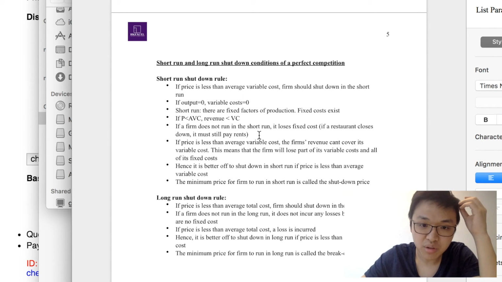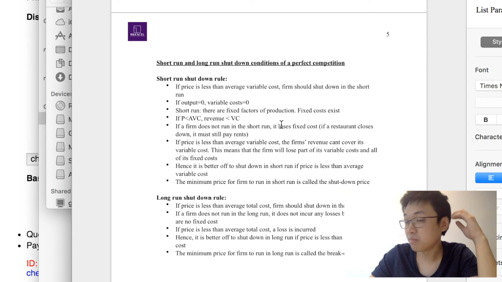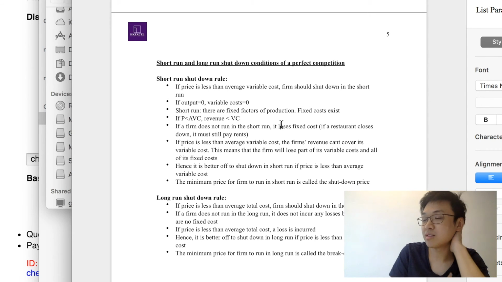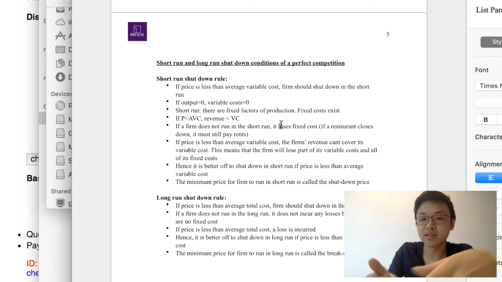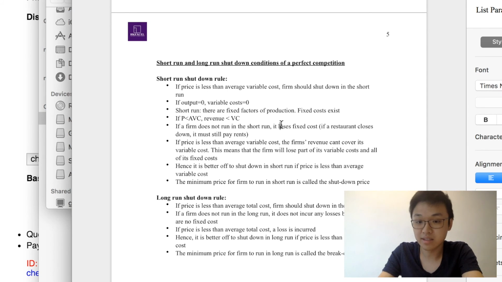If you continue to run in the short run, you lose part of variable cost and all fixed costs. But if you shut down, you only lose fixed costs. So in a rational sense, the firm must shut down. This is the reason why the restaurant shut down in just 5 months before the rental contract even ends. It's because the revenue is less than variable cost, so it's better off for the firm to shut down. This is the idea of the short-run shutdown rule.